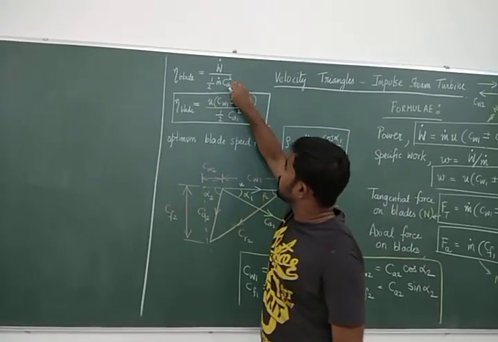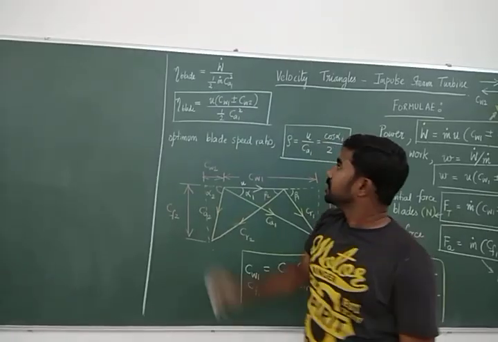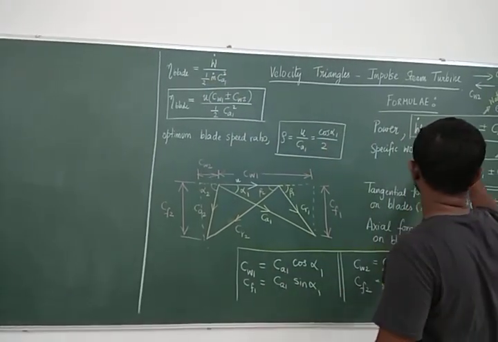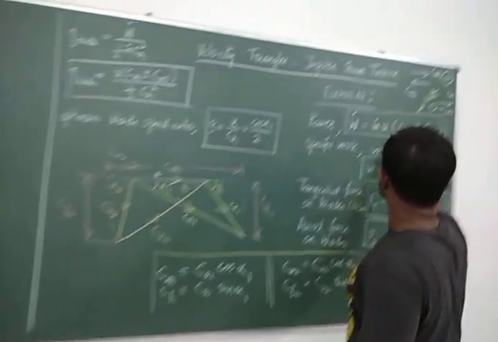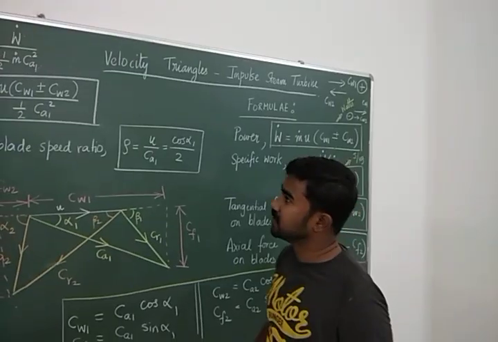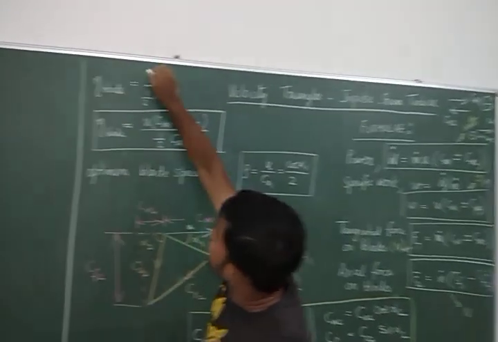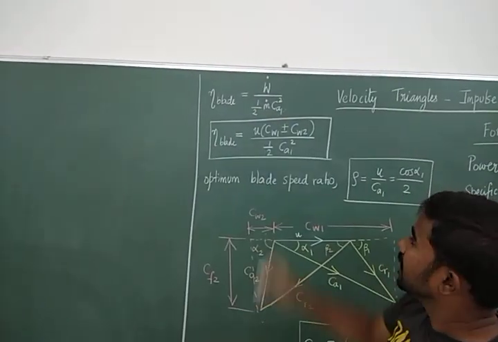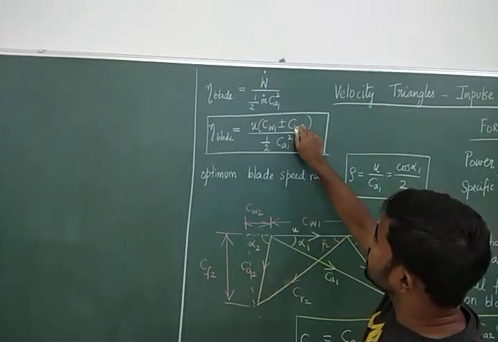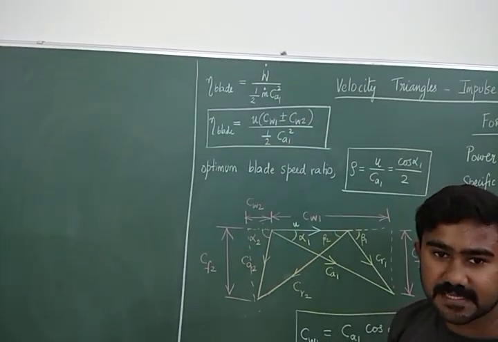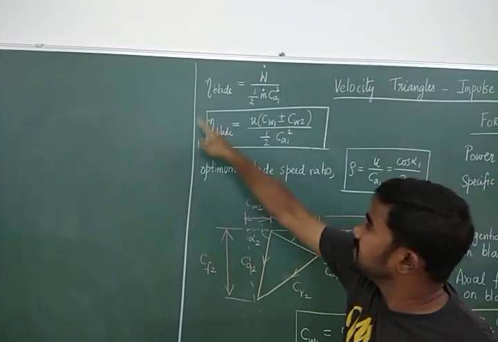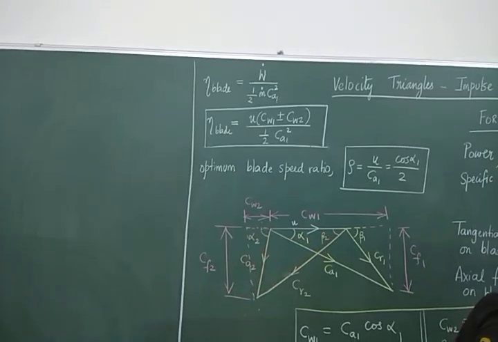So the output by input is going to be the efficiency. Now if you substitute the expression for W dot from here, M dot U (CW1 plus or minus CW2), that M dot will cancel with the denominator and you just get U (CW1 plus CW2) by half Ca1 square. So this will be the expression for the blade efficiency.